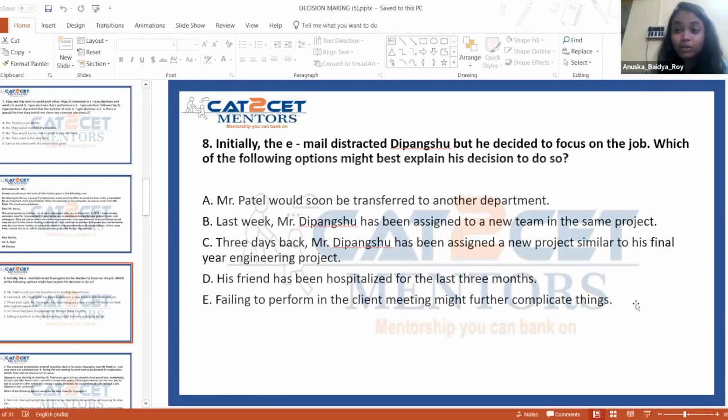So it is better you focus on the job, get it done, then think about whatever is written in the mail. Isn't that the most logical explanation of why Mr. Dipanshu is focusing on the job right now? Yeah. So we know that this guy is a focused person. He wants to deliver. So he is focusing on the job because he doesn't want to further complicate matters. Okay. So that is why your option would be option E.